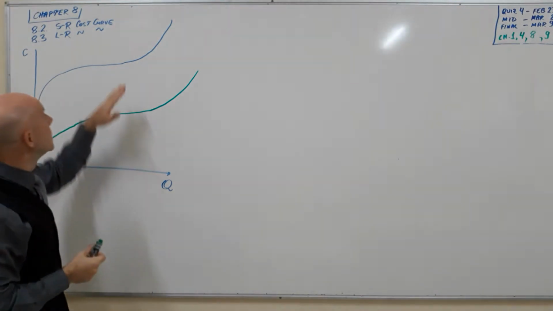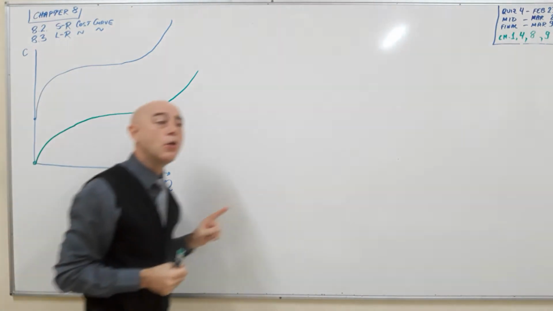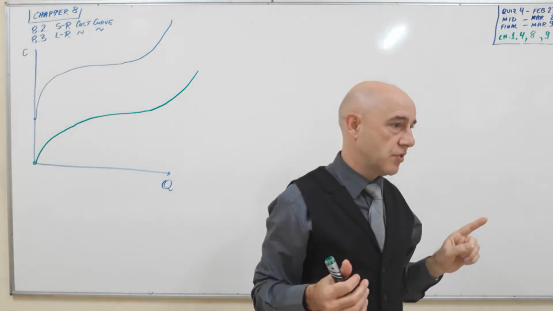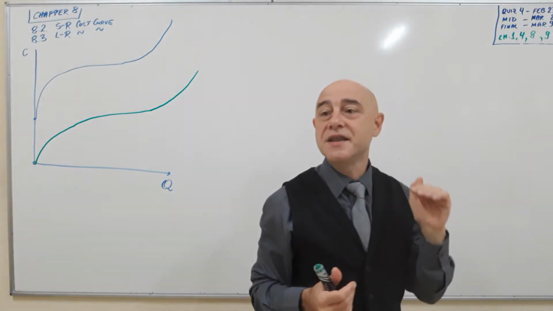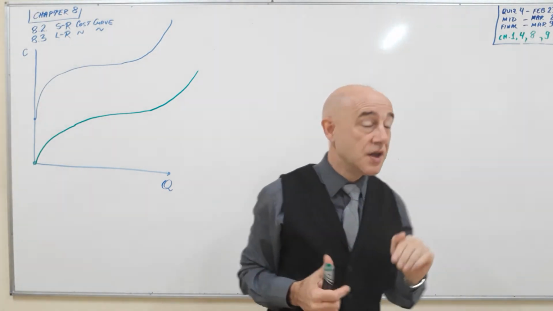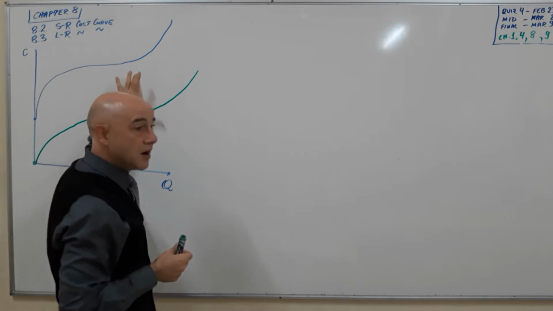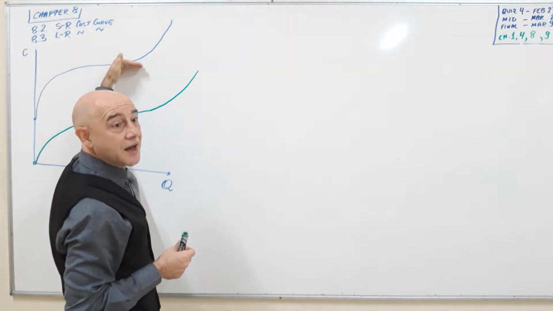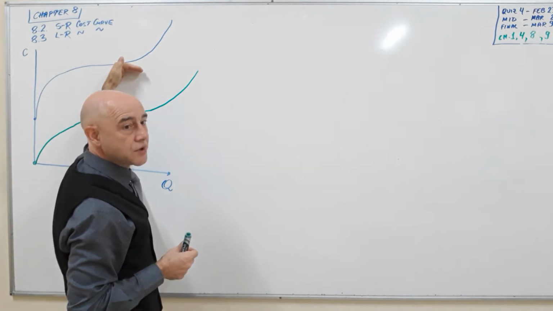And in the long run, costs are always lower than in the short run. Or at least they're never higher than the short run. So at any point in time, the long run is at least a little bit below the short run.